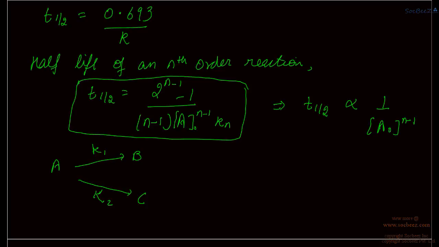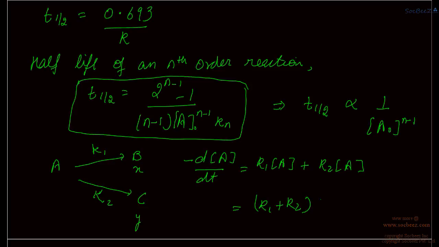Let after time t, the amount of B be X and the amount of C be Y. Here the rate of disappearance of A, minus dA by dt, equals K1 concentration of A plus K2 concentration of A, or equals K1 plus K2 times concentration of A.